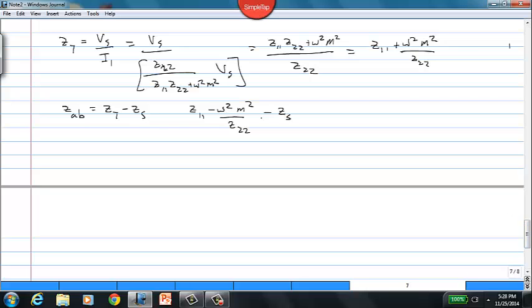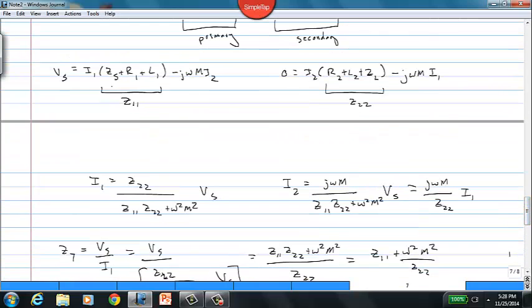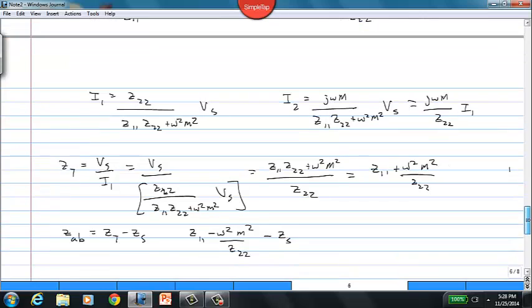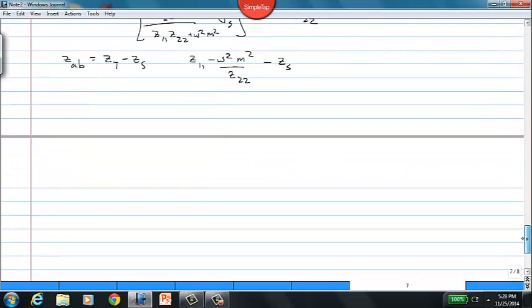And what I need to do then is go find my formulas for Z11 and Z22, which are right here. So Z11 is just, again, ZS plus R1 plus, oh goodness, I left off the j omegas here. j omega, right? Those are reactances. Those need j omegas in front of them. Hopefully you guys caught that and are smarter than me. So I need to go ahead and do that substitution there.